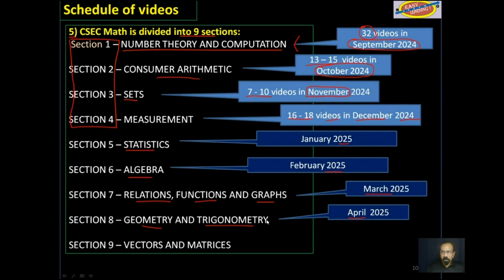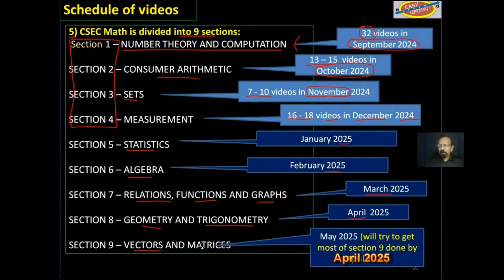Most of that is already done, but I wouldn't put them up until April. And then we have vectors and matrices, the last part, scheduled for May 2025, but I will try to get this section done by April 2025 for those who are thinking of writing exam next year and need this information.